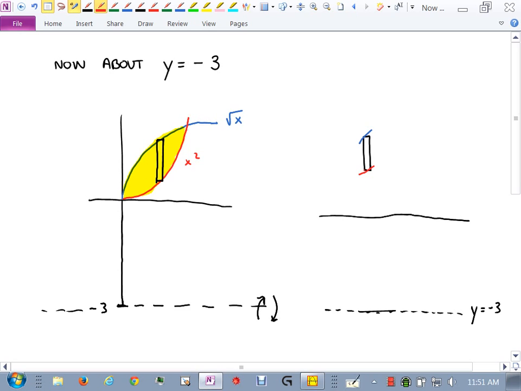Well, same thing. Imagine you're standing on the axis of rotation, and you're saying, how far is it from here to that outer edge? What's the distance? It's this distance from here to here, right? From here to here is what? Square root of x. And then what's the distance from here to here? 3.